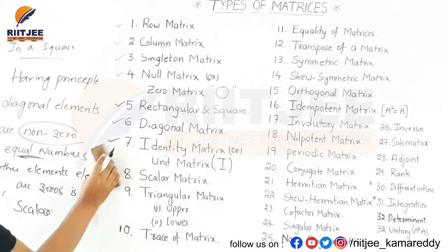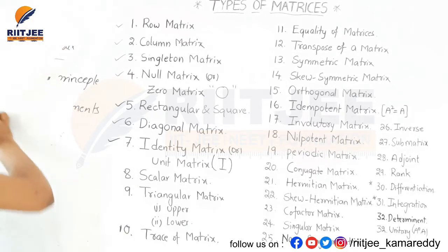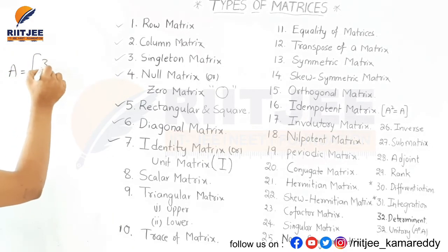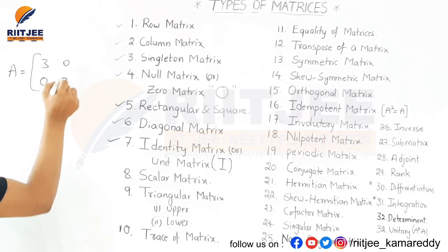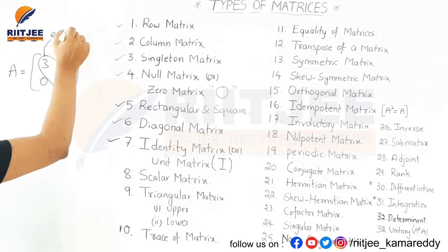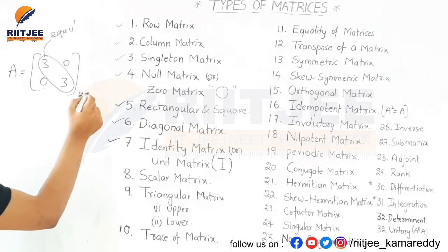Let us see one example of a scalar matrix here. For example, I am taking A is equal to 3 0 0 3. Here the principal diagonal elements are equal and the other elements are zeros. So this is an example of a scalar matrix of order 2 by 2.